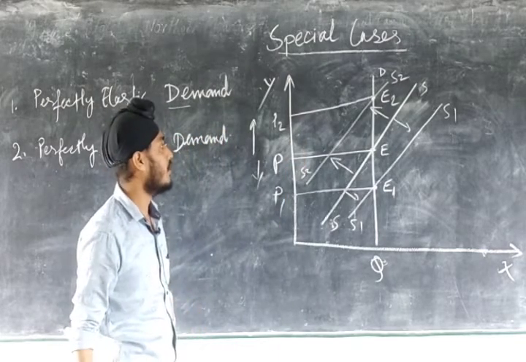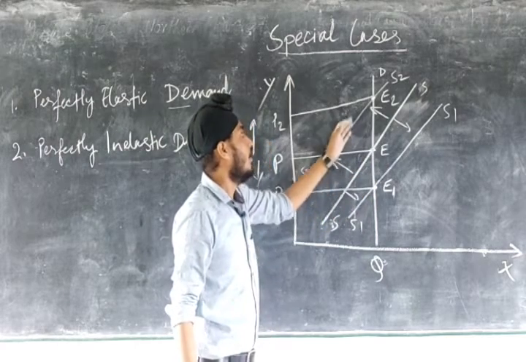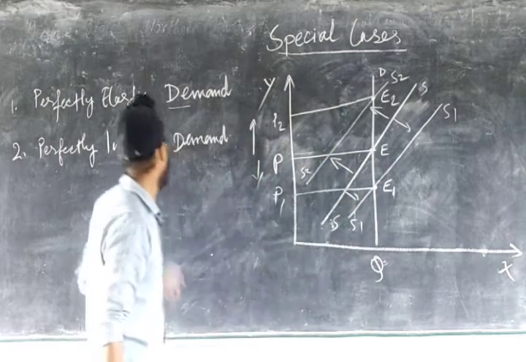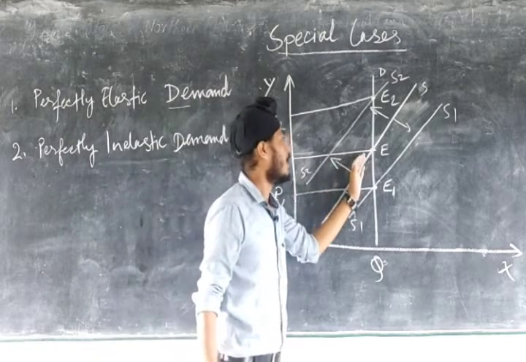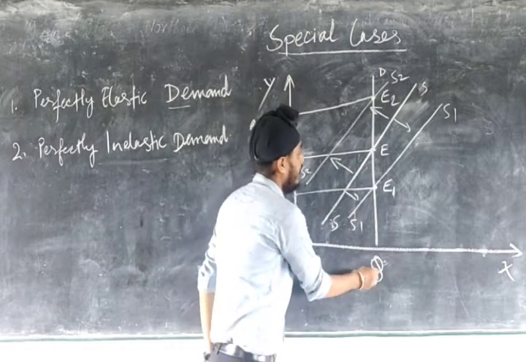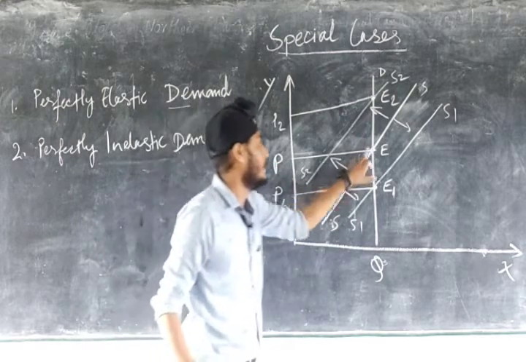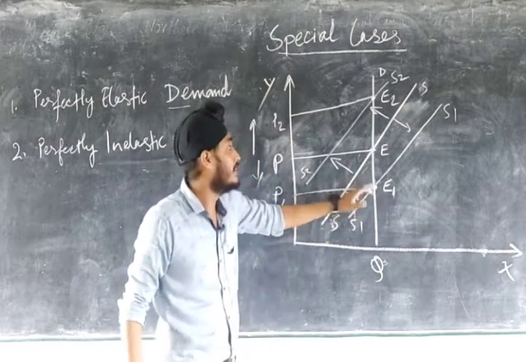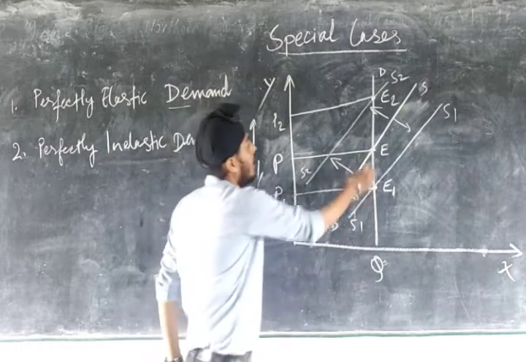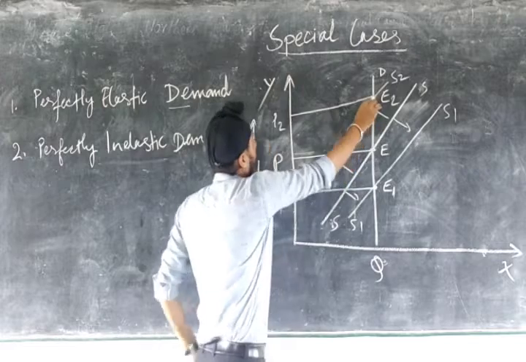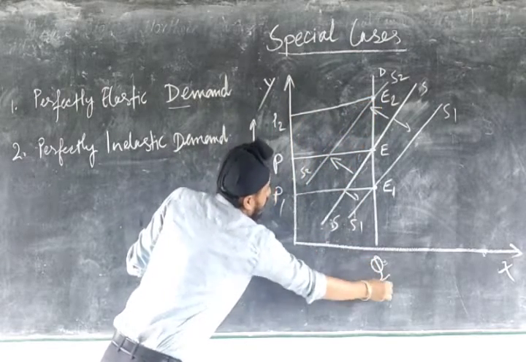So this is the effect of increase in supply and decrease in supply when your demand is perfectly inelastic. So you can see that when the supply curve was increasing, quantity remained same, but your price fell from P to P1 and equilibrium point shifts from E to E1. But when supply was decreased, so when it was moved to left hand side, we got one equilibrium point E2 and our equilibrium price increased, but our equilibrium quantity remains fixed.